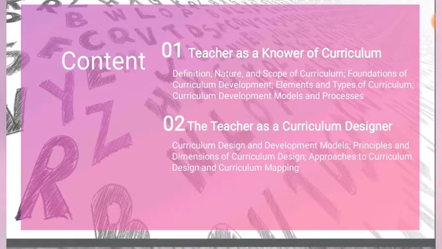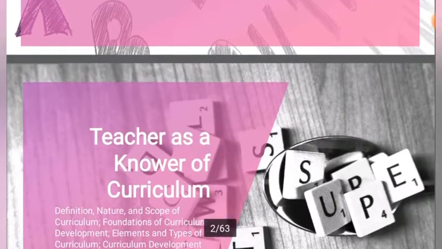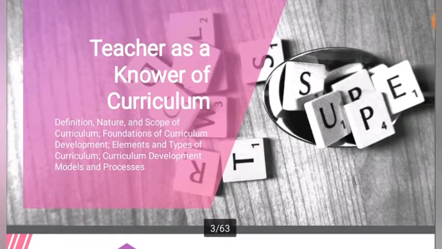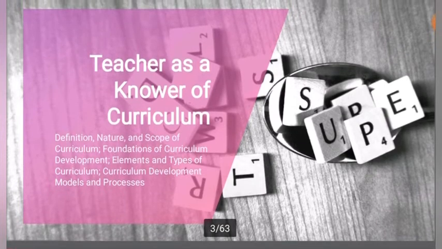As for Chapter 2 or Unit 2, we have the teacher as a curriculum designer: curriculum design and development models, principles and dimensions of curriculum design, and approaches to curriculum design and curriculum mapping. So first, we will discuss teacher as a knower of curriculum, and that would include the definition, the nature and scope of curriculum, foundations of curriculum development, elements and types of curriculum, and curriculum development models and processes.